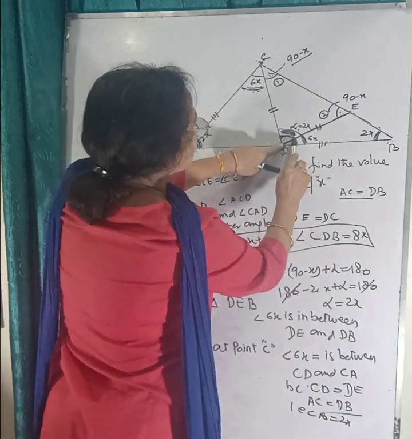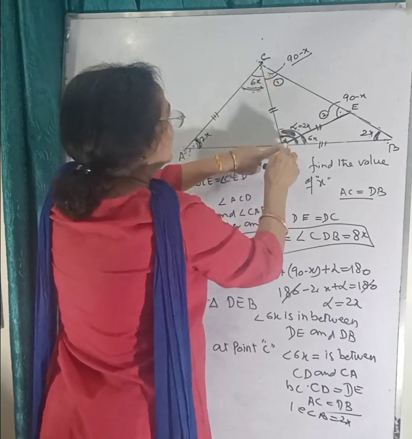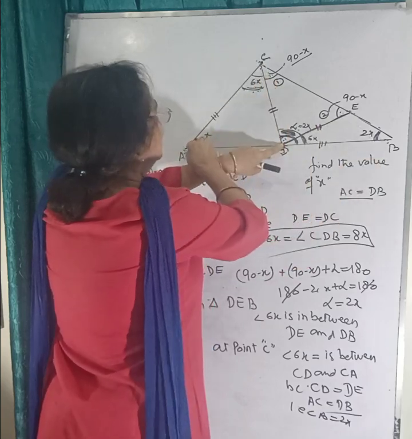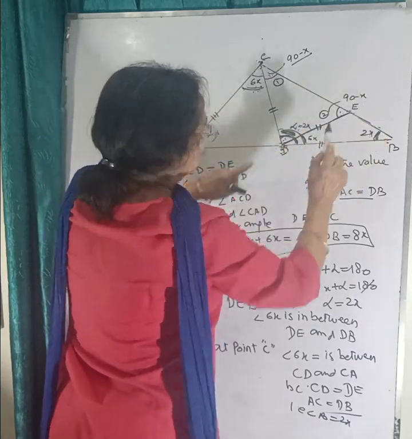This is the point at which this is the 6x angle. This arm is equal to this arm. It means ये वाले इस point पे जो angle है, this will be this angle. Okay?